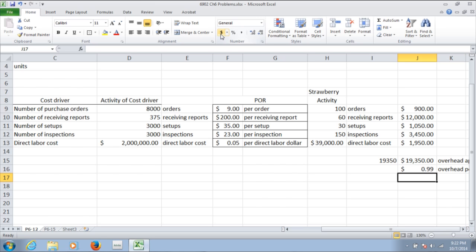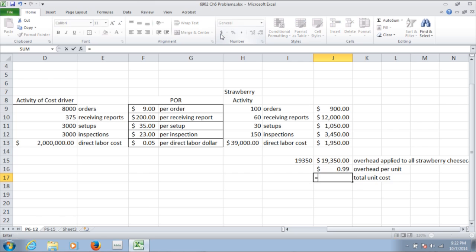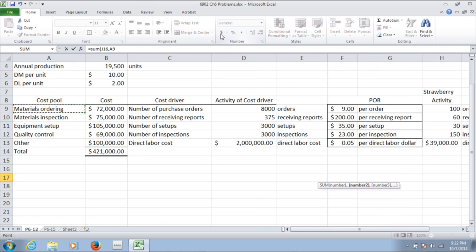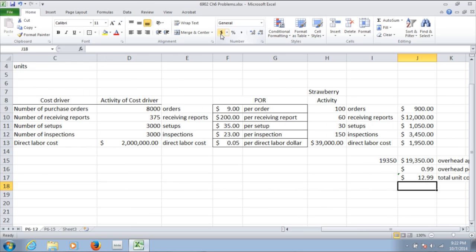Then our total product cost would include the overhead amount as well as our direct materials and our direct labor. In this case, it's $12.99. So now we've worked through this to calculate this on a form of activity-based costing.